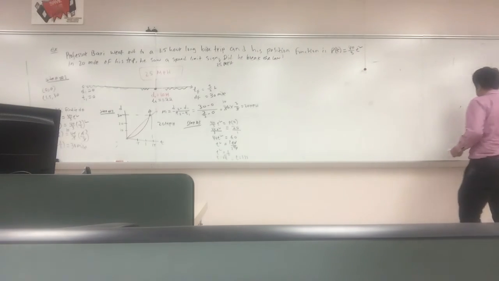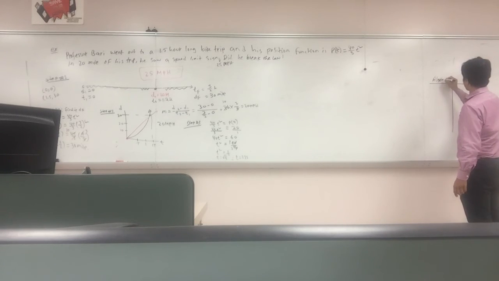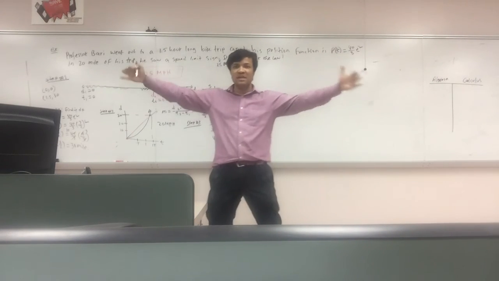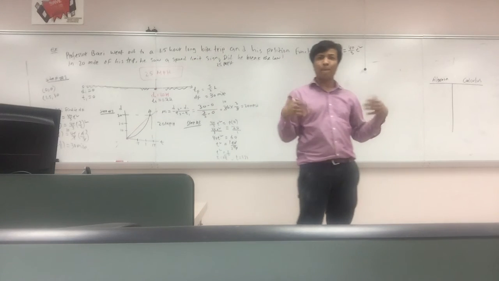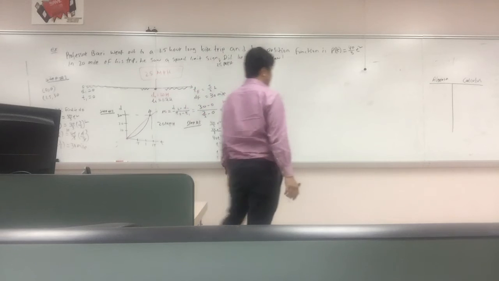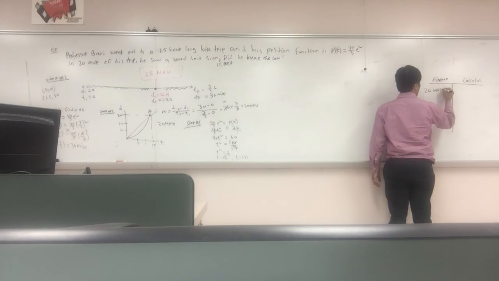Okay, so this is algebra, and this is calculus. The first slope algebra gives us is when the interval is from beginning to end, a big slope, which the cop doesn't care about. That is 20 miles per hour.